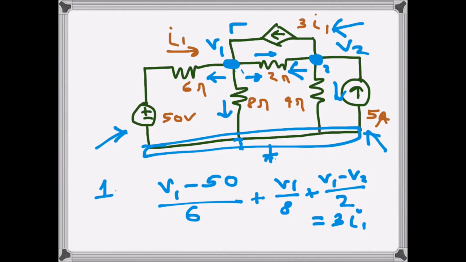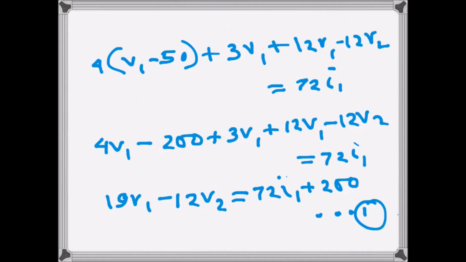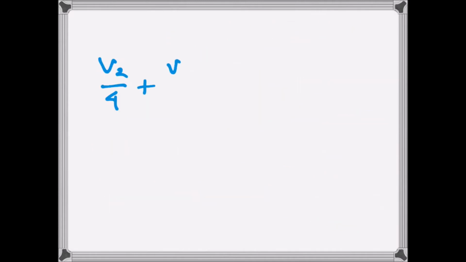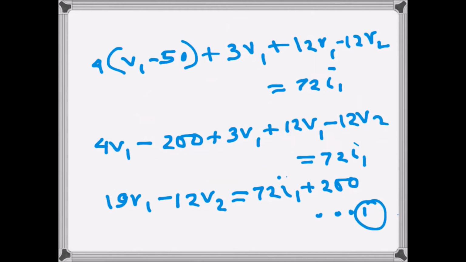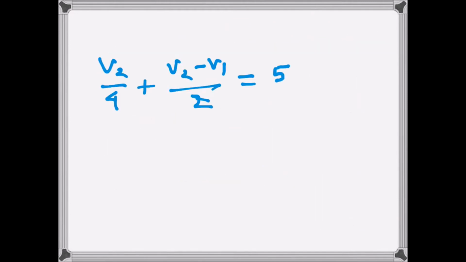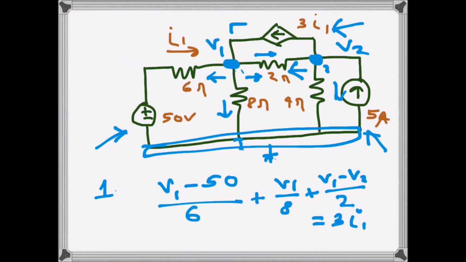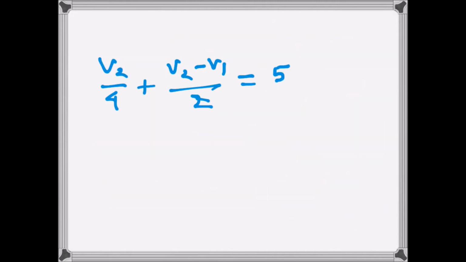So this will be (V2 minus V1) over 2, just the opposite of the previous node, and then I will write the entering current on the right hand side, which is 5 amps, that is 5. Of course the dependent source current is also a leaving current, but let's also write that on the other hand side. Now it becomes negative because we are writing it on the right hand side, so minus 3I1.